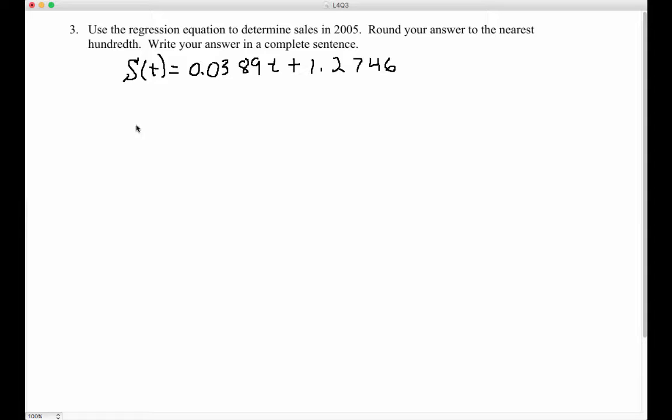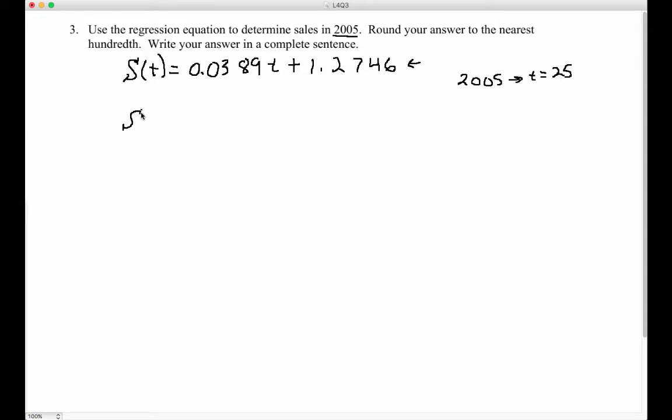Okay, so what they want to know is what the regression equation determines sales in 2005 to be. Recall that 2005 corresponded to t equal to 25. So what we're going to plug into our regression equation is not 2005 but 25. Make sure it makes sense why we're doing that.